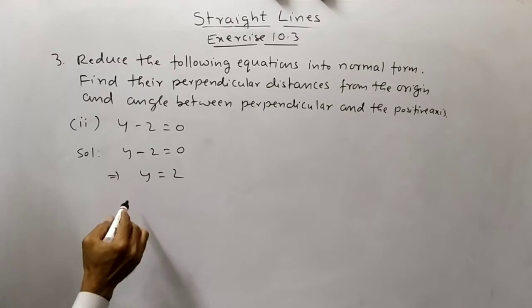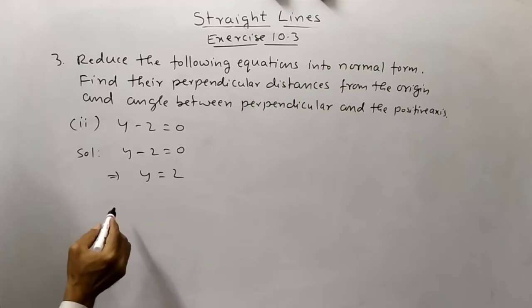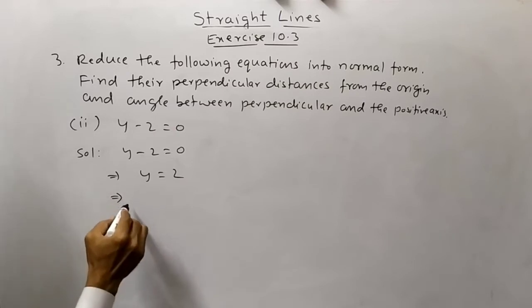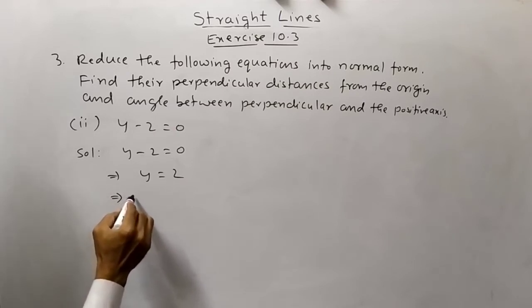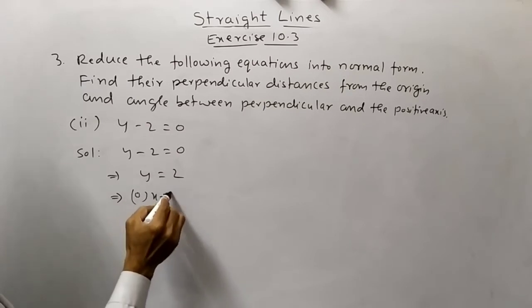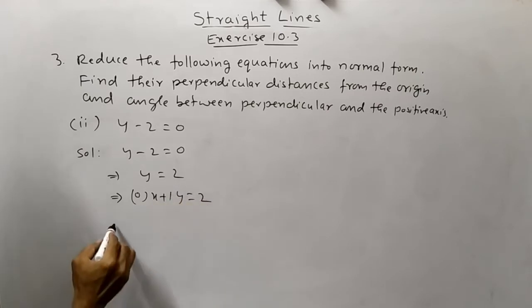When you divide this equation by square root of 0 square plus 1 square, that is 1, it will not make any difference. Therefore, this equation can be written as 0 into x plus 1 into y is equal to 2.